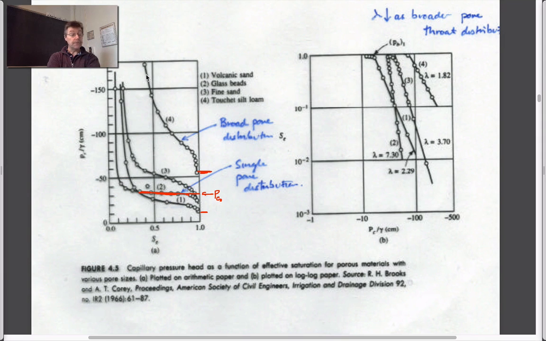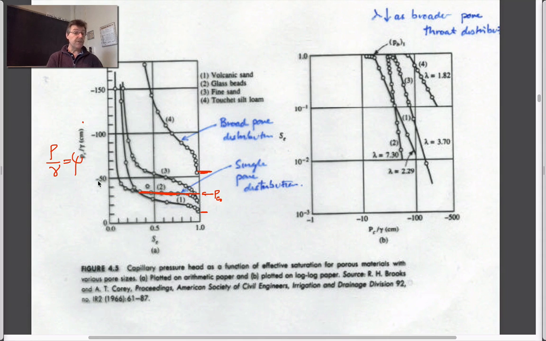What we could do is, instead of plotting them on normal scales, as in a natural scale of saturation versus a natural scale of, this is actually pressure divided by unit weight, so this is actually matrix potential, but it's a linear scale, 50, 100, 150.